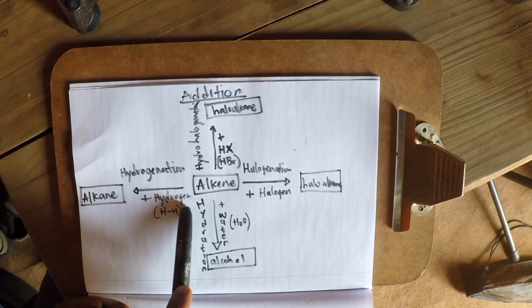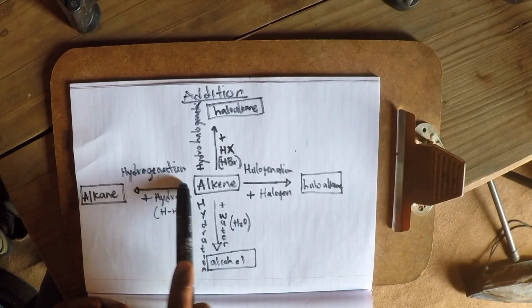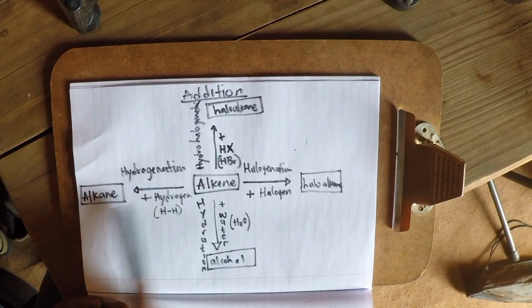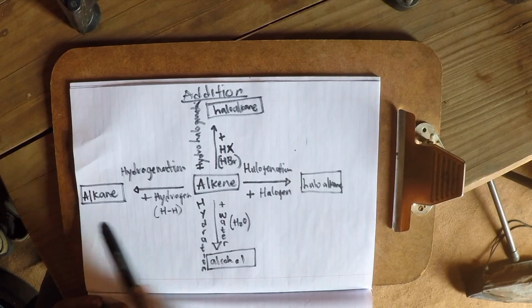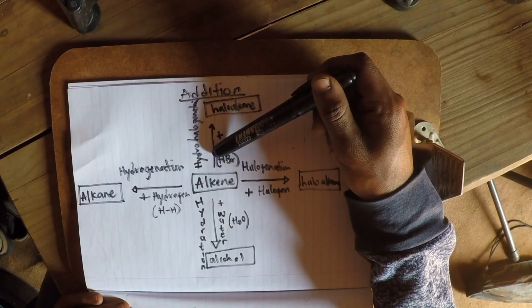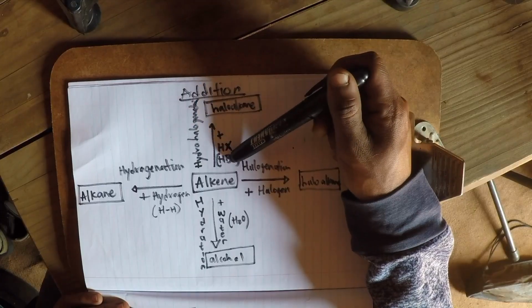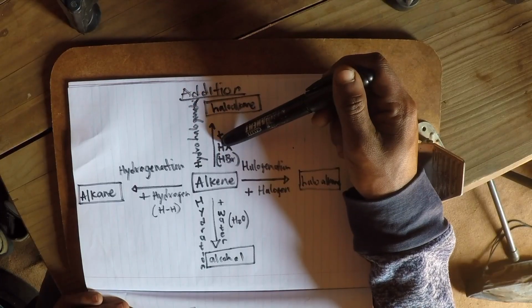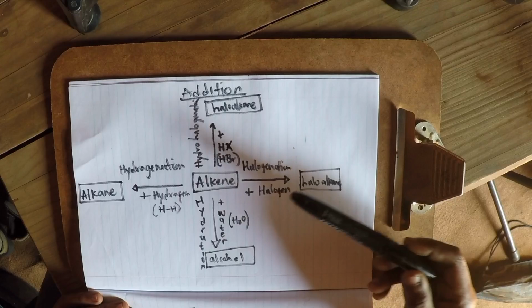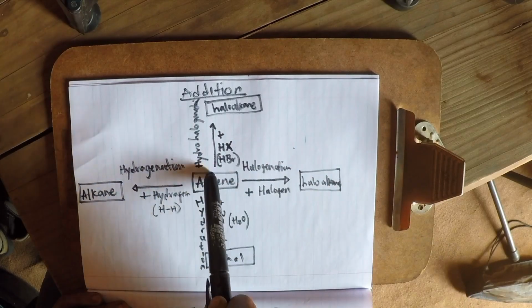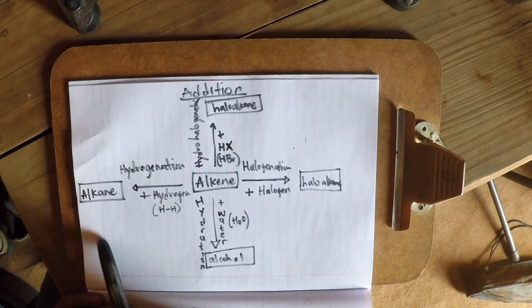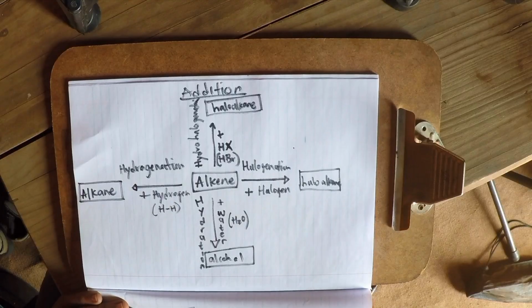The addition of hydrogen is called hydrogenation, and the result from an alkene will be an alkane. The addition of a hydrogen and a halogen, HBr, HX, HCl, HF, any one of those, is called hydrohalogenation. These are called addition reactions, four of them.